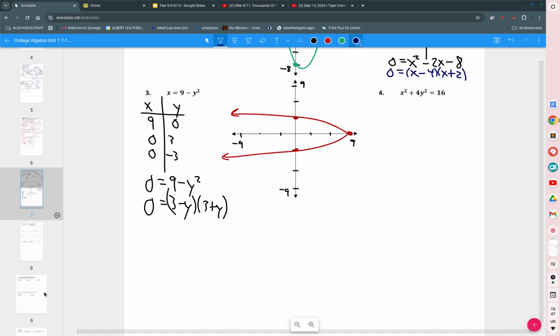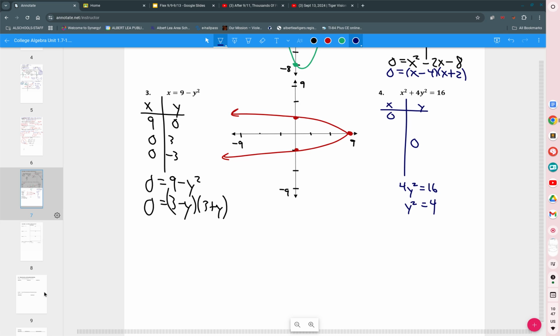Our last example is this guy before we move on to symmetry on the back. Notice I have both x squared and y squared. We kind of saw that with circles yesterday. If I plug in 0 for x, I get 4y squared is 16, or y squared is 4.